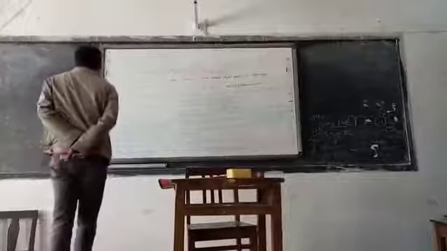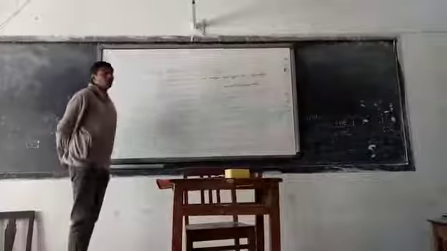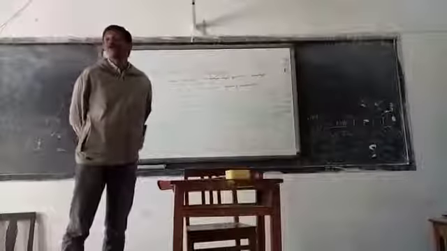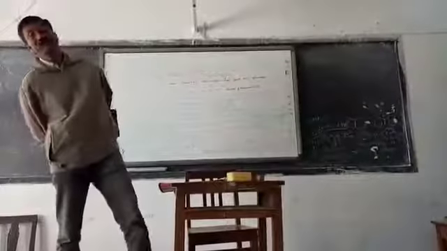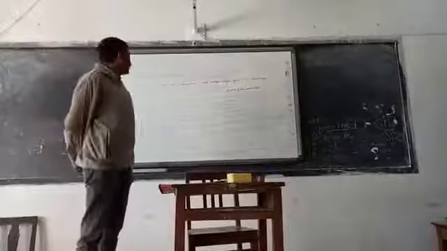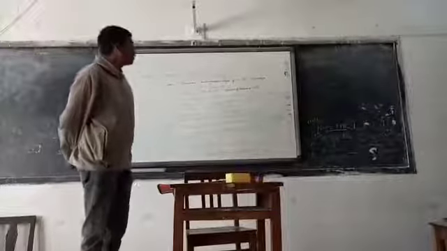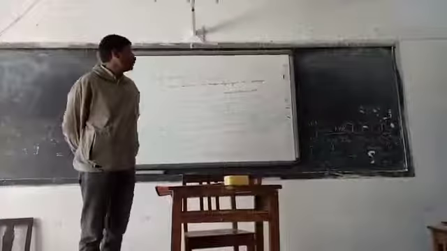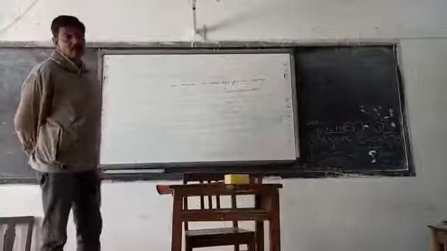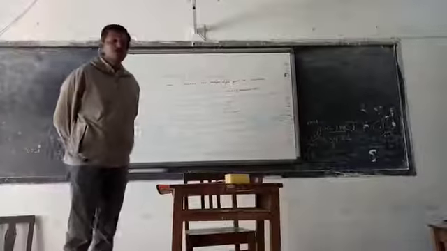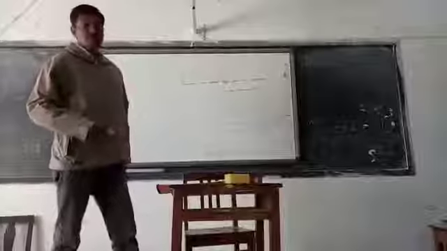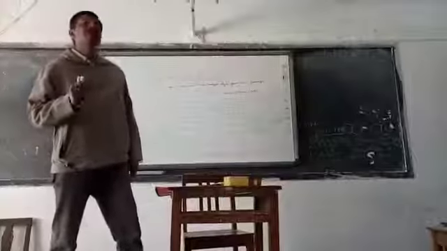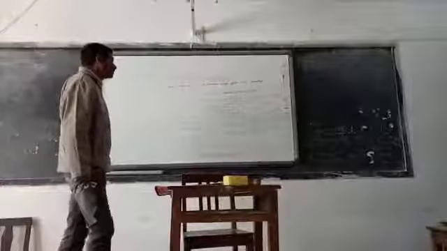Then came Robert Koch. He put forth the germ theory of disease, and he discounted the earlier existing theory of spontaneous generation. In the germ theory of disease, what he postulated was that organisms are found in lesions of infected persons but are absent in healthy ones. He could discover some microbes in the lesions of the diseased person, and those microbes were absent in the tissue of healthy ones.